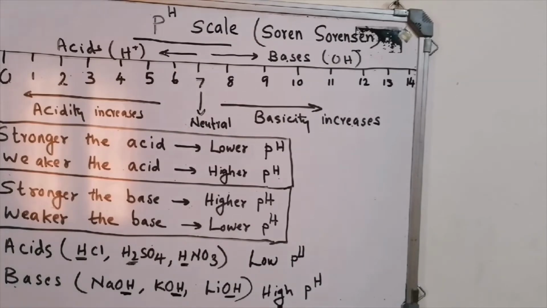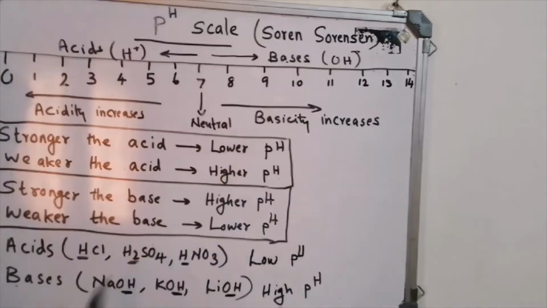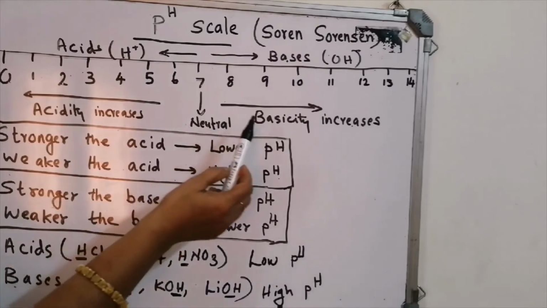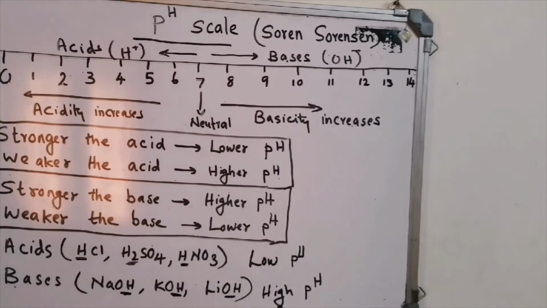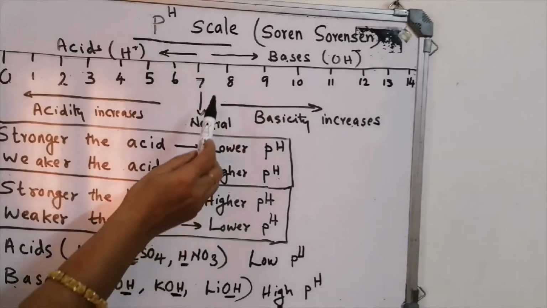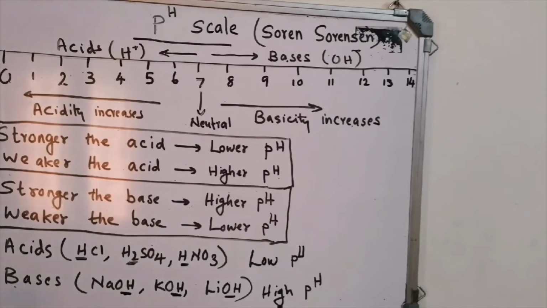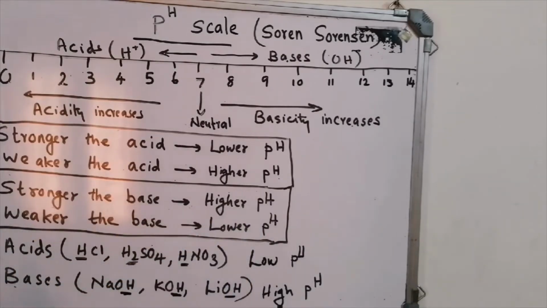As pH increases from 7 to 14, basicity increases. For example, a base of pH 10 will be more basic than a base of pH 8. So the stronger the base, the higher the pH, and the weaker the base, the lower the pH.